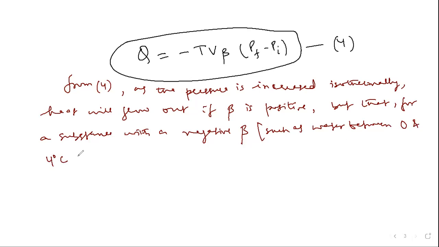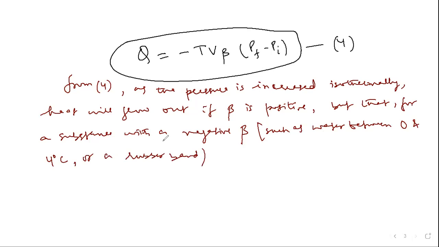Remember, water has the maximum density at 4 degrees Celsius. So if you increase pressure on water between 0 and 4 degrees Celsius, isothermally, it has negative beta, so Q will be positive. That means absorption of heat will take place. Same is the case with a rubber band.